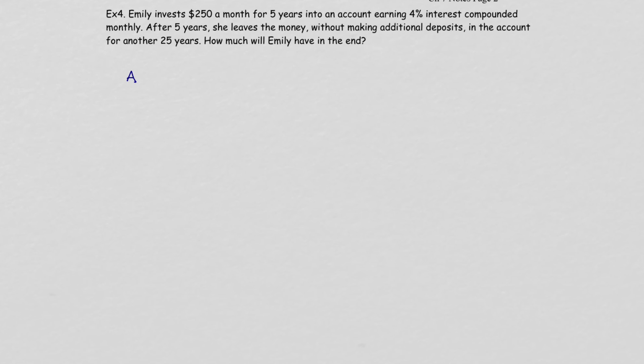Right, so for the first 5 years, you have a 250 deposit with 1 plus 4% for every month for 5 years, right? And again, one more parenthesis if you're going to put the whole thing in at once, right?